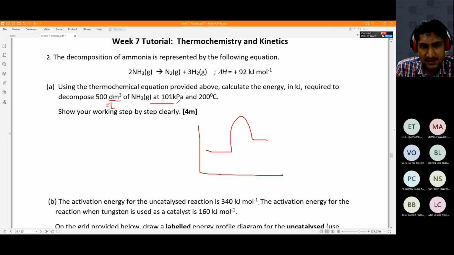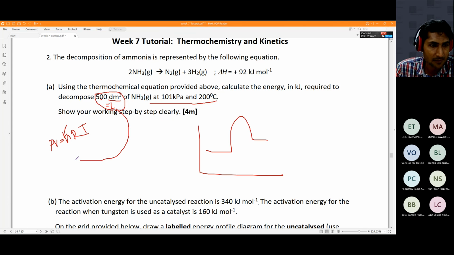So at this temperature and pressure, 500 liter means how many moles? PV equals nRT. So from n, we can find, if we put this value, this is the V, this is P, and this is T, right?